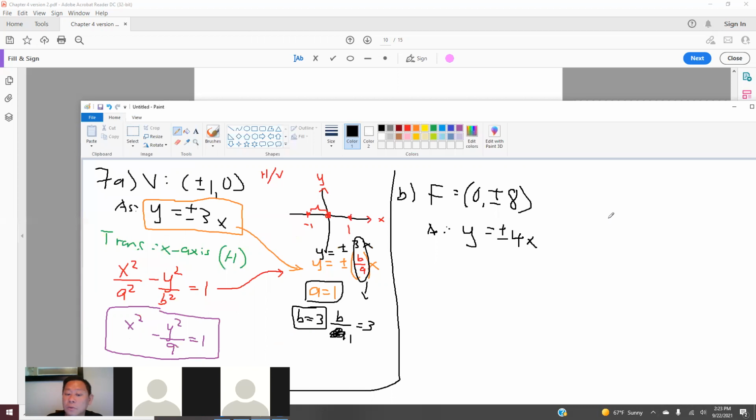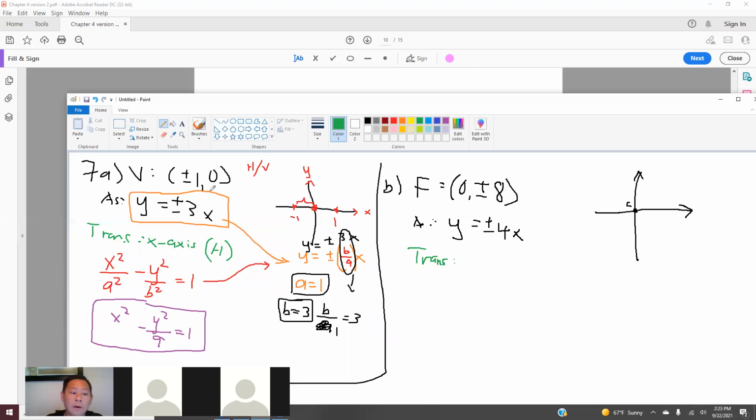As usual, I want you to sketch this fellow out. Again, the center is at 0, 0. Tell me, where is your transverse axis? Is it on the x or the y axis, or in other words, horizontal or vertical? Your foci or vertices will tell you that.